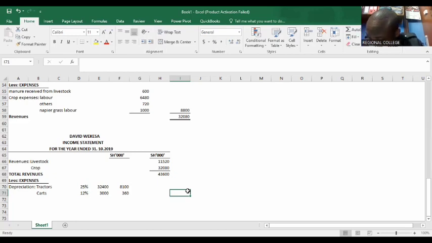Then in note number 1, you're given that other cattle bulls, by the end of the year, the value is 5,400. But if you go to the trial balance, other bulls, how much is the value?